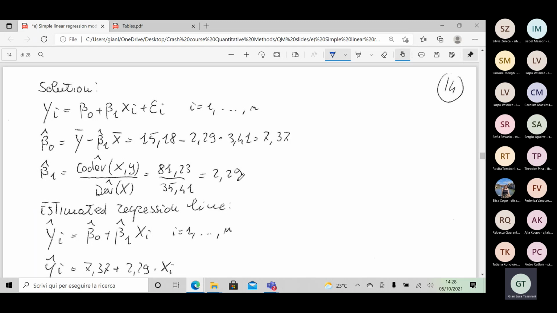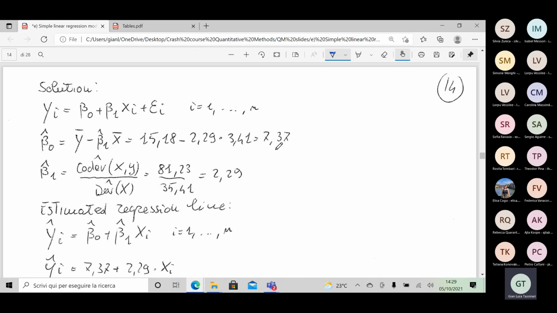But this is not the true increment, it is the estimated increment. So if you decrease by 1 unit the advertising expenses, you expect a reduction of the sales of about €2.29.